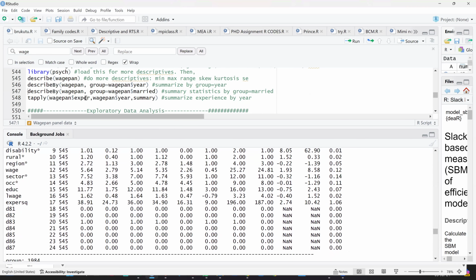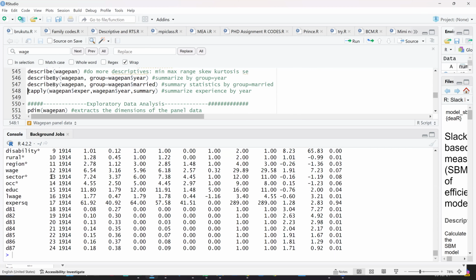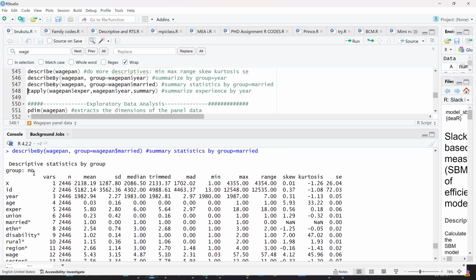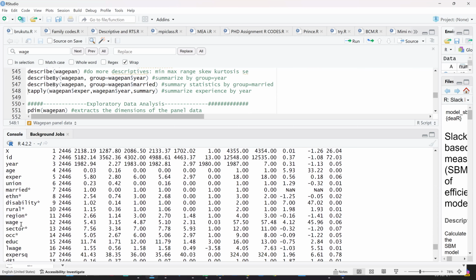I'm even running. The next one is to check each variable according to whether they are married or not married. So once you run this, watch it. So this one is not married. So for not married, you're able to get the mean age, the mean wage. So if you take the nominal wage for the married, this is it.